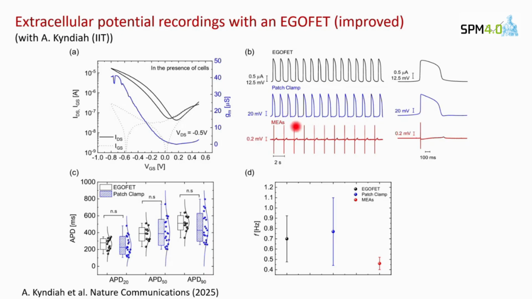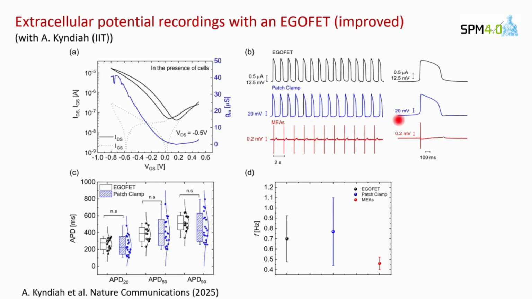If we compare this with what you get with just electrodes, MEAs, micro electrode arrays, this is a standard recording system of the electrical activity of cells. It's just planar microelectrodes sitting on a substrate and the cells on top of it. The signals that you get are these, and you see that the shape of this has nothing to do with the shape of that and nothing to do with the shape of that.